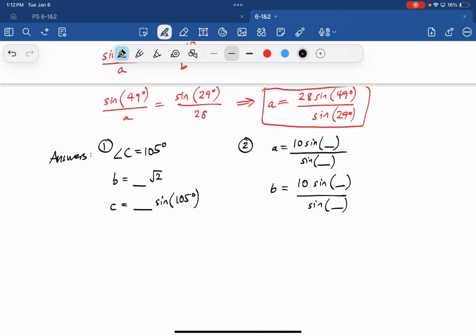You don't have to. On the test, if there's just one that's really, really hard, you don't have to. You can leave it as sine 105. So 64 sine 105 would be fine.